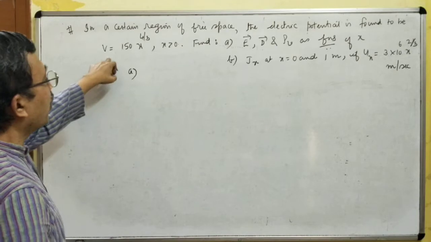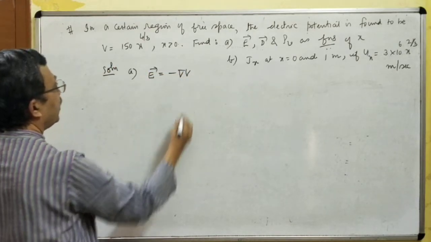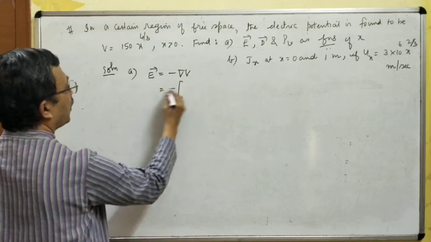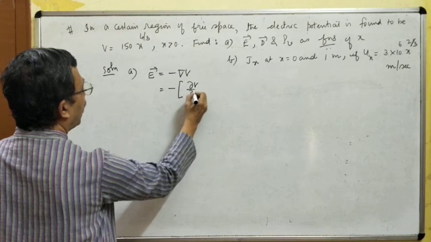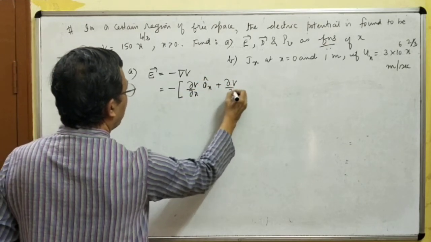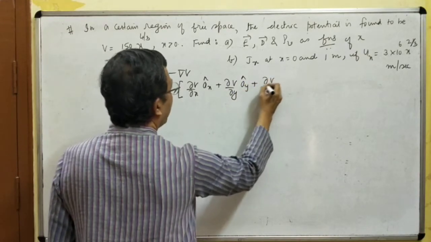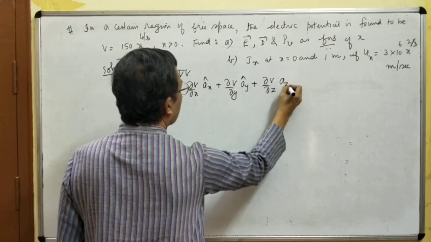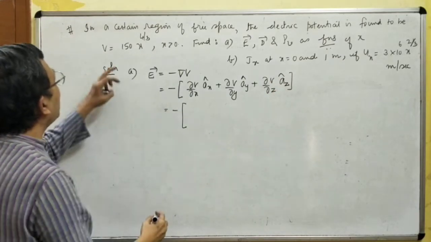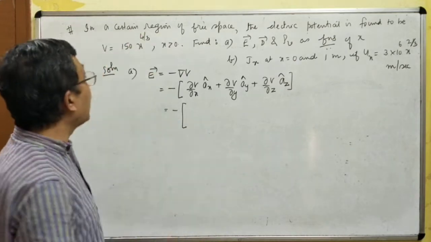V is given, so what is vector E? Vector E is equal to minus grad V. Correct? And in Cartesian coordinate systems, expand gradient, you get dou V by dou x into Ax cap plus dou V by dou y into Ay cap plus dou V by dou z into Az cap. So dou V by dou x is what? X to the power n, if you differentiate, you get nx to the power n minus 1.